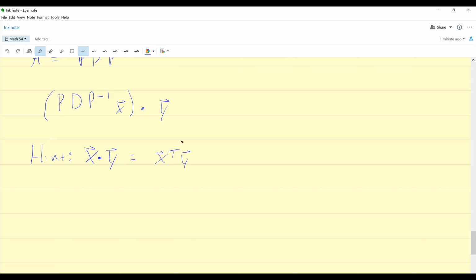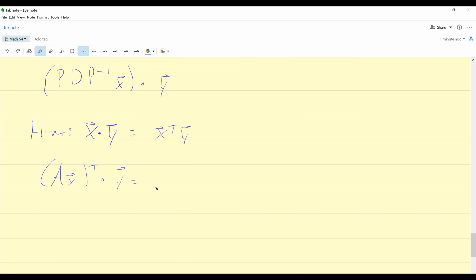If that's the case, then can't you just do AX, that entire parentheses transpose dot Y, is equal to A transpose X transpose dot Y? A transpose, X transpose.